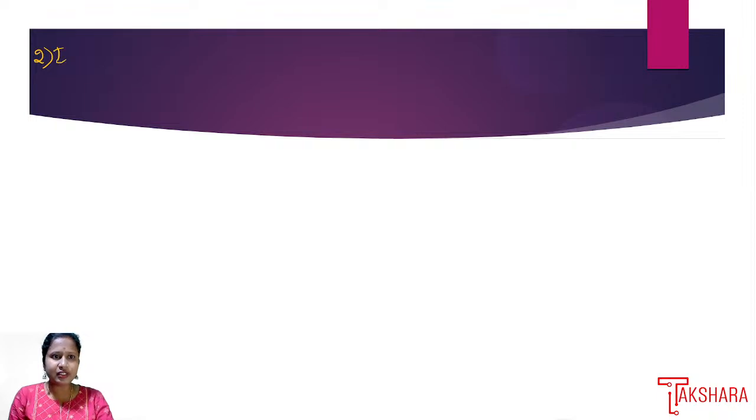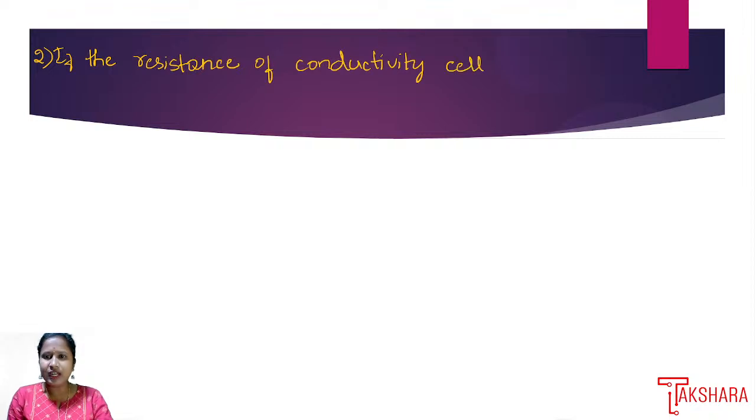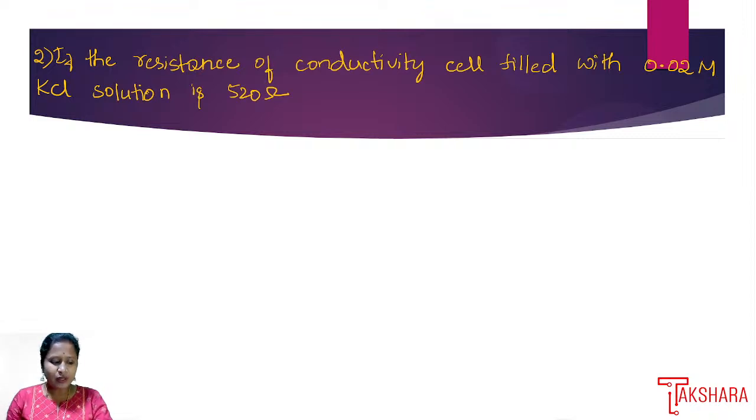If the resistance of a conductivity cell filled with 0.02 molar KCl solution is 520 ohm, calculate its cell constant.